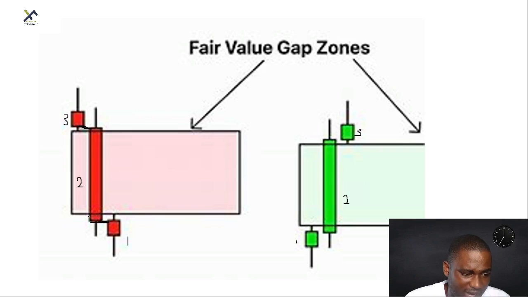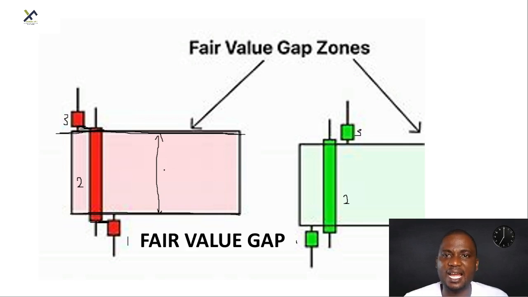In order to identify the gap, you connect the high of candle 1 and the low of candle 3. That gap between candle 1 and candle 3 gives us the fair value gap.